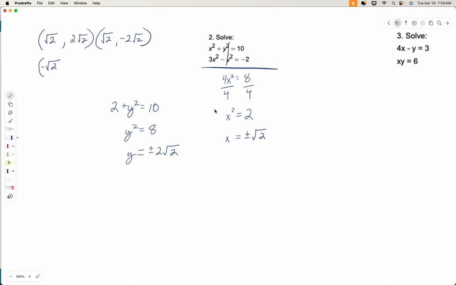Now, if I take x as the negative square root of 2 and square it, I'm still going to get 2. So my answer would be the same if x is the negative square root of 2 as well. So those are your proper responses. You're going to get all 4 of those.